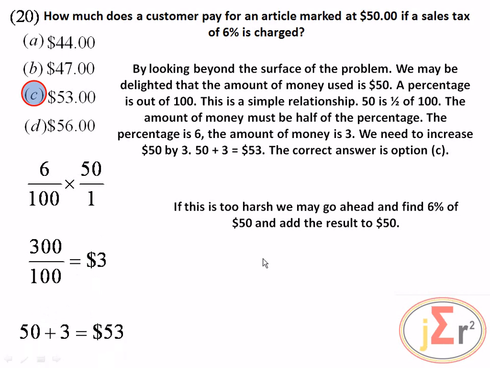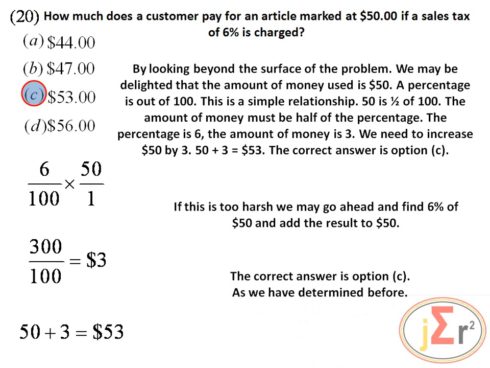Then we add $3 to $50 and we have $53. The correct answer is option C, as we have calculated before. So we are now confirming that we were correct. I'm sure that we are not confirming ourselves in error. So we are confirming that we are correct.